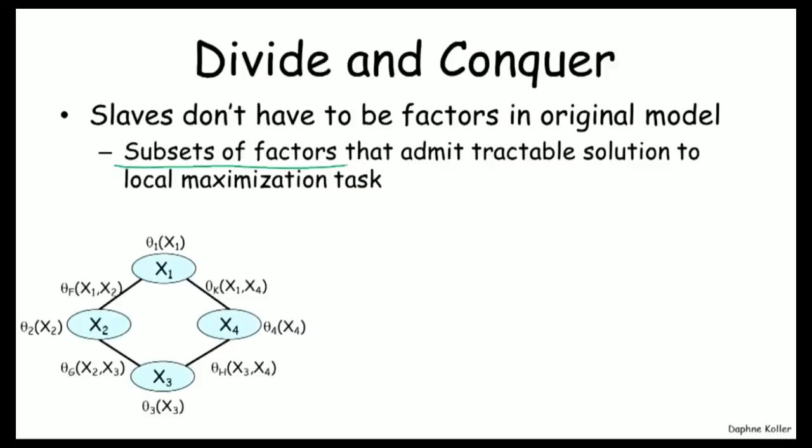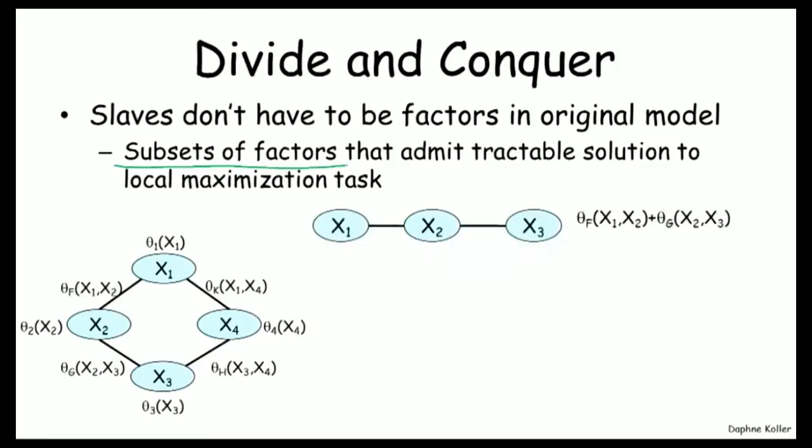So, for example, if we return to this network, one thing we could do is introduce 2 larger slaves instead of the 4 smaller FGKH slaves. One corresponds to F and G together, so this is the FG slave. And the other one represents the KH slave.